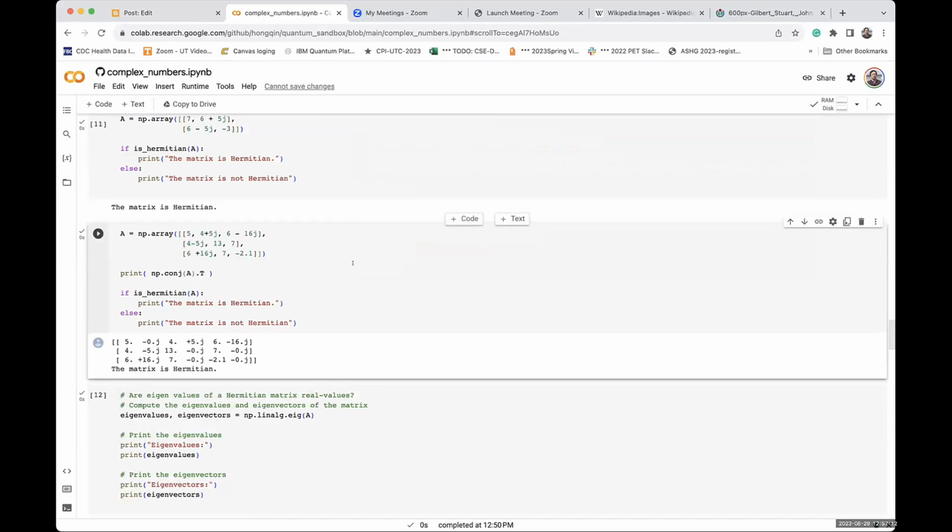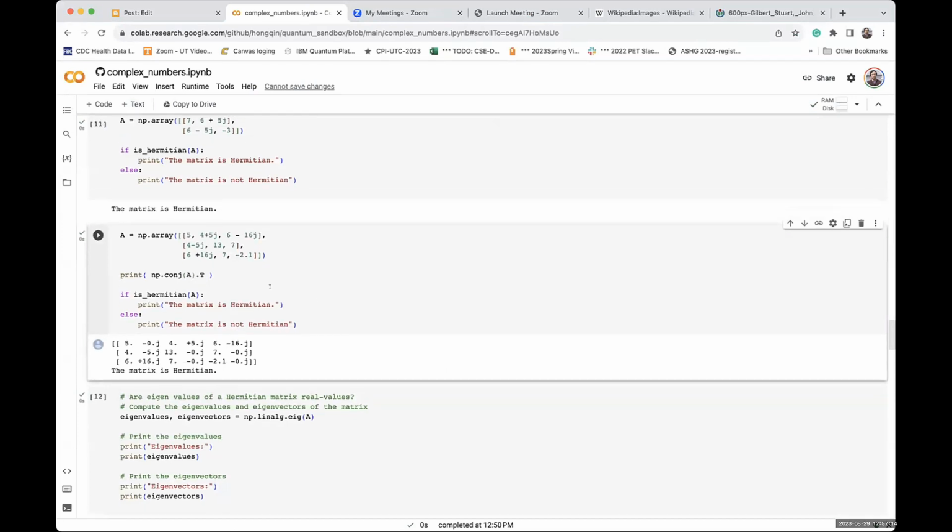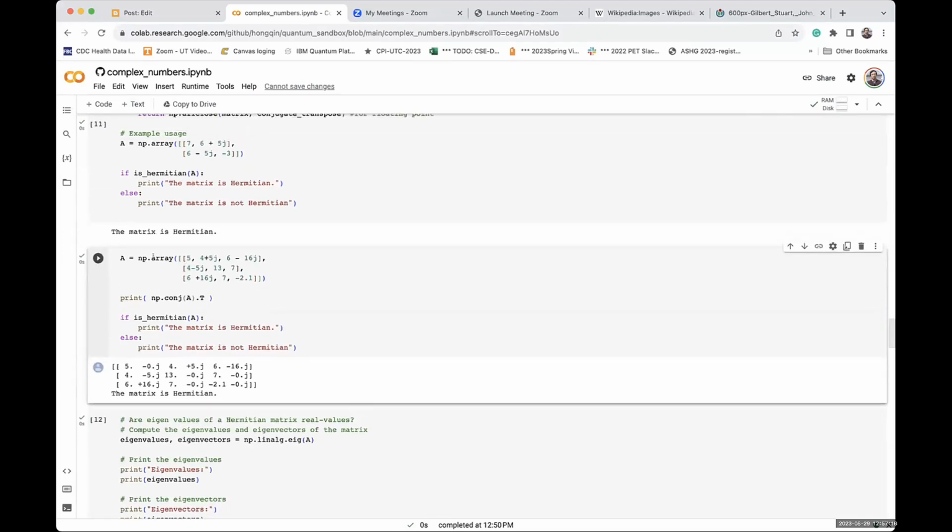Thank you. So I have the Colab version. So this is the matrix from the book. I printed out, I actually calculate the conjugate transpose and print it out, so you can compare. That's the conjugate transpose. We can visually verify this.